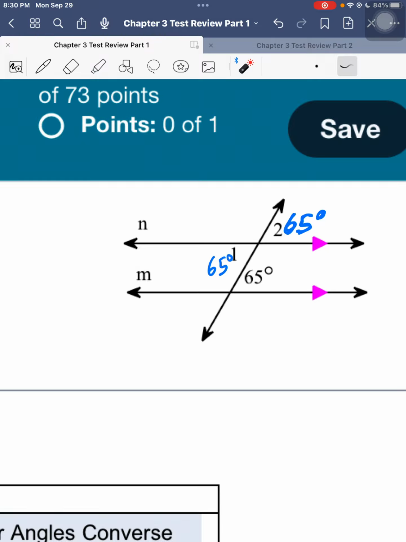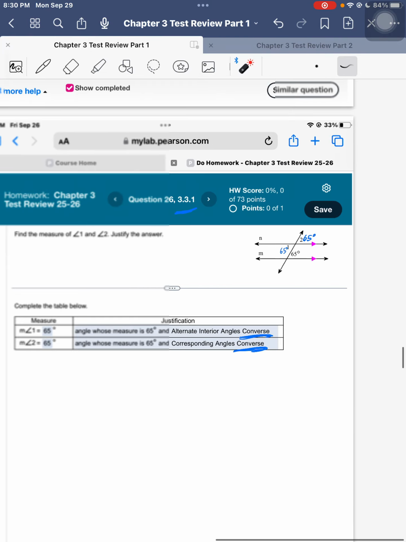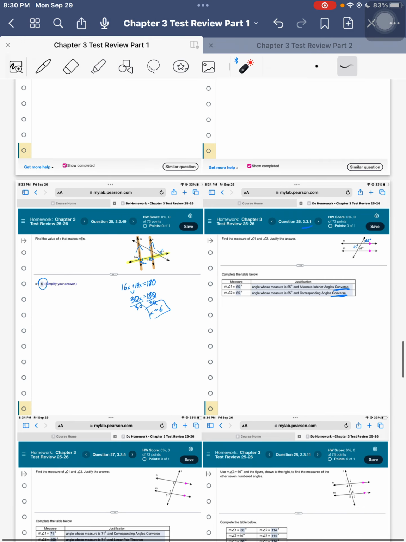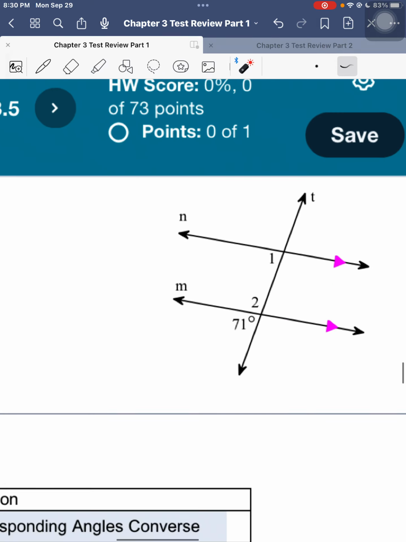And I know that if my lines are parallel, then my corresponding angles are congruent. So I can say that the reason angle 2 is 65 is because of the corresponding angles converse.